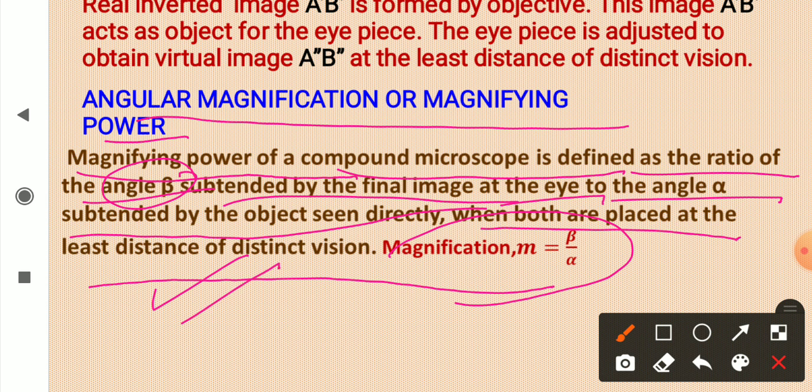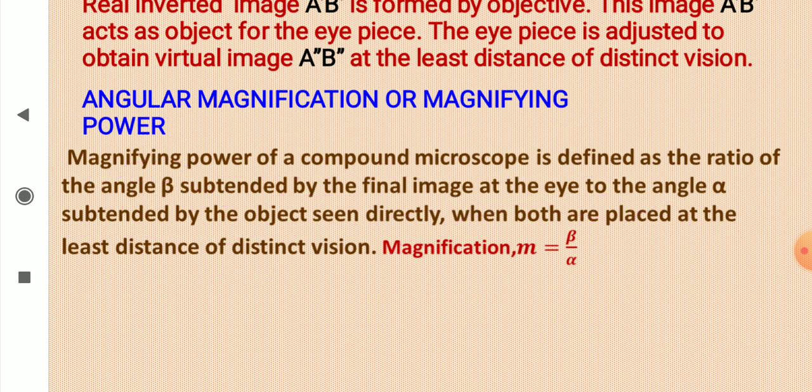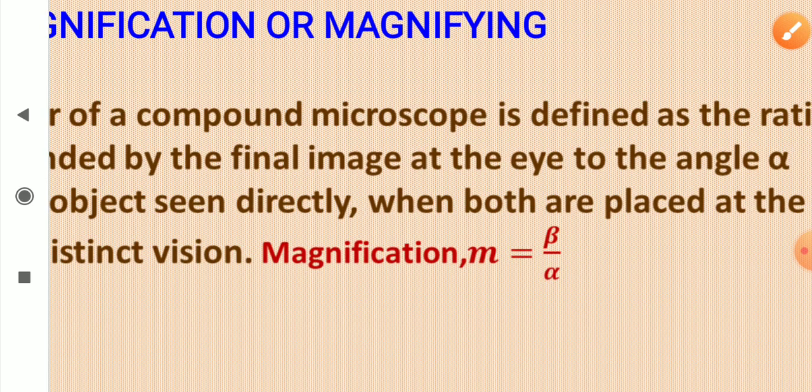So magnification is beta upon alpha. I have already explained this to you and we are going to find out the relation for it now.